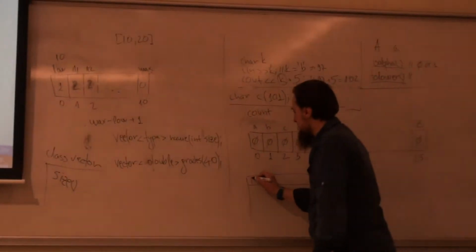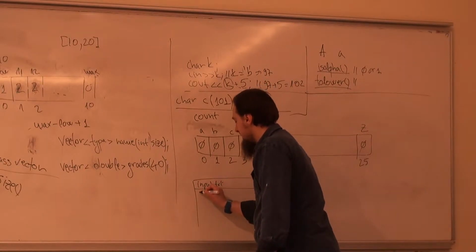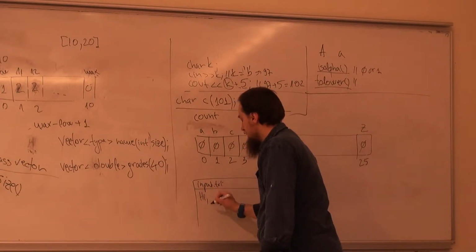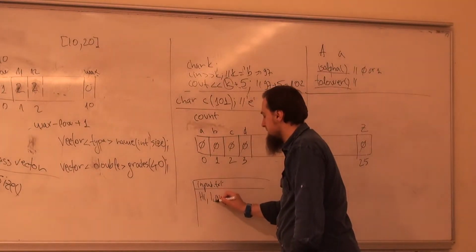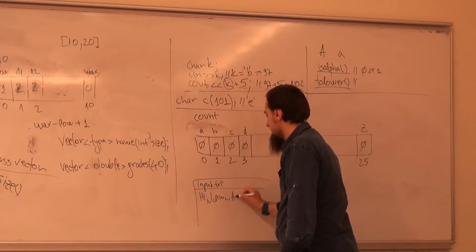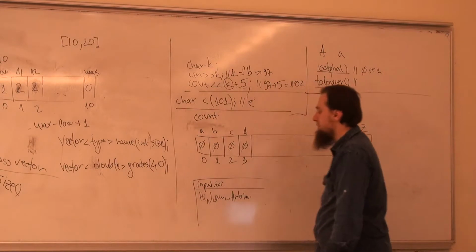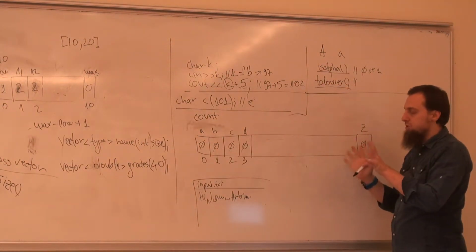Let's say this is my input: hi, comma, I am, this is an empty space, this is also an empty space, I am, empty space, rtrim, full stop. This is how it works. Initially everything is 0, so the count function is doing the following.